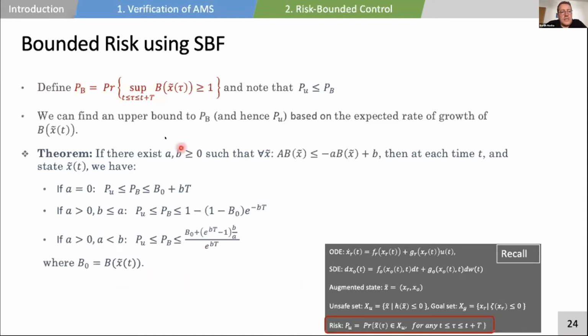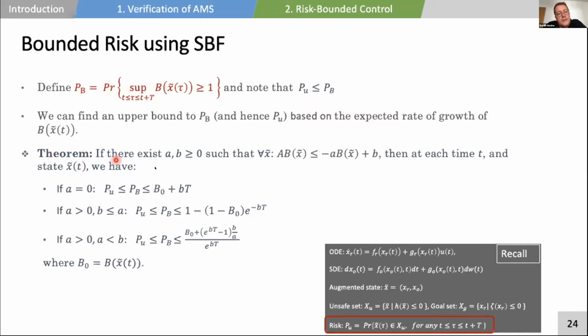So let's define P_B equals the probability. This is the supremum within the time horizon that B(x̃(τ)) is greater than or equal to 1. And note that P_U is less than or equal to P_B. Then we can find an upper bound to P_B and hence P_U based on the expected rate of growth of B(x̃(t)).